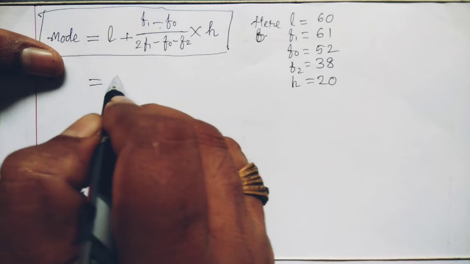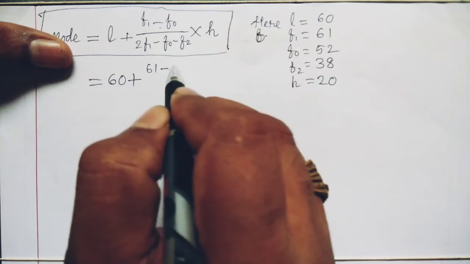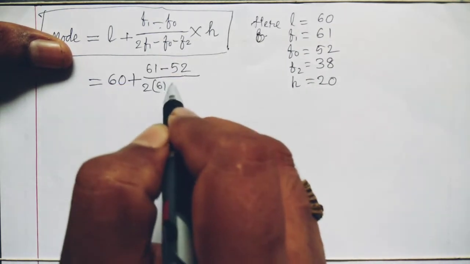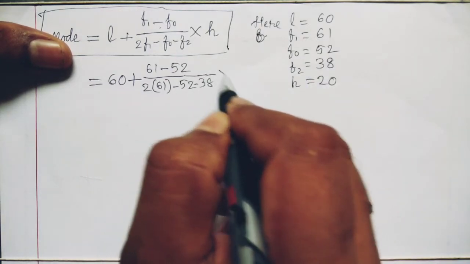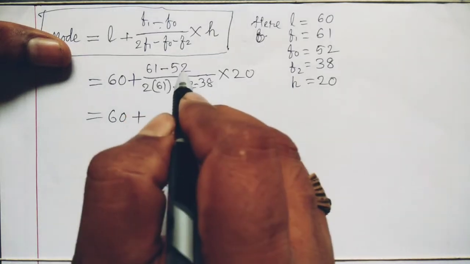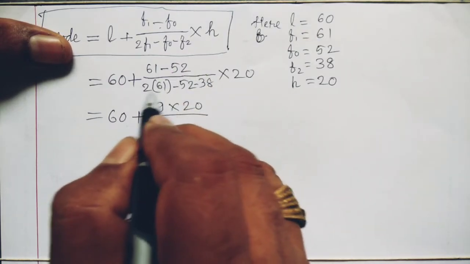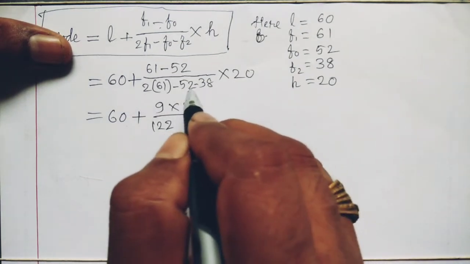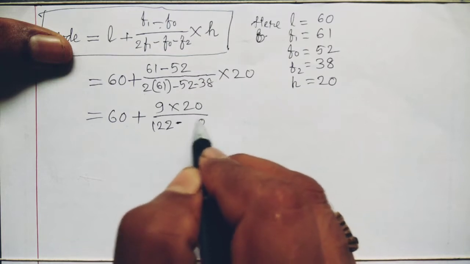Mode is equal to 60 plus 61 minus 52 by 2 into 61 minus 52 minus 38, into h 20. 60 plus 61 minus 52, 9, into 20 by 2 into 61, 122, minus 52 minus 38, that is 90.